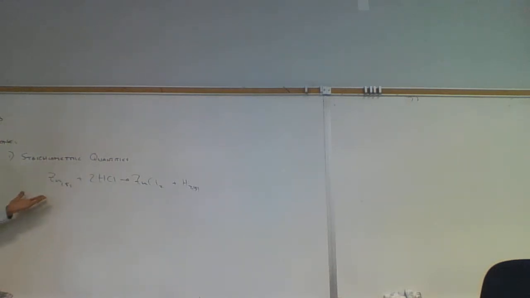Now, if we had stoichiometric quantities, then for every mole of zinc, how many moles of HCl do we want? We want 2 moles of HCl. And so the problem with that is it's difficult to measure. How can you measure it to the atom, or to the molecule?